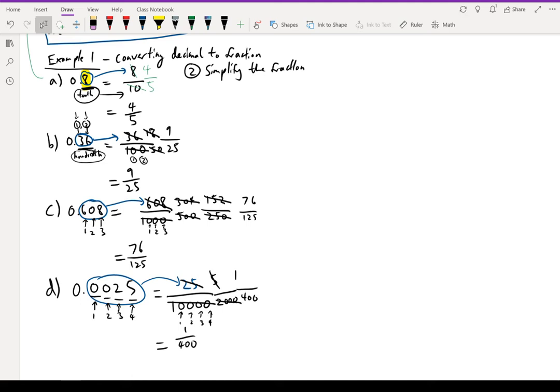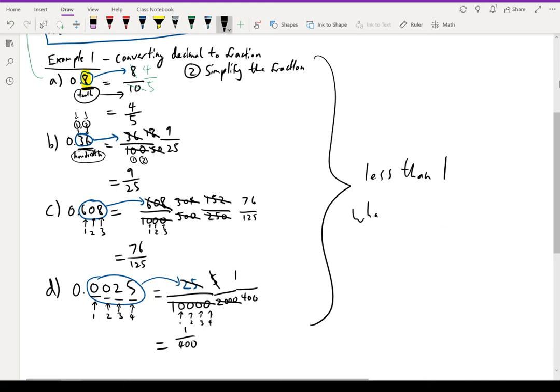Now, for example 2, we're going to build on example 1, and we're going to add in mixed numbers as well. Now, if you notice, all 4 of these numbers are less than 1 because they are 0 point something. So what happens to numbers greater than 1?